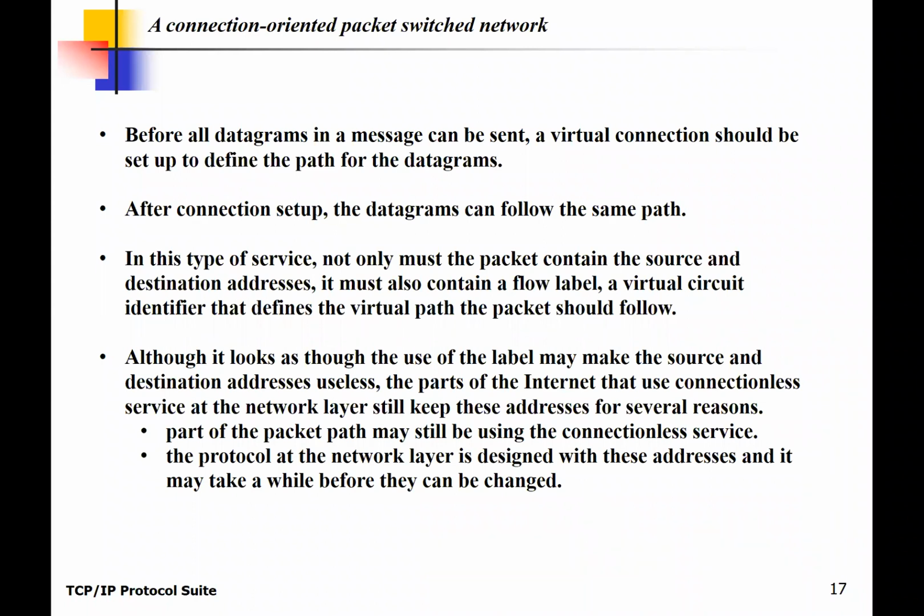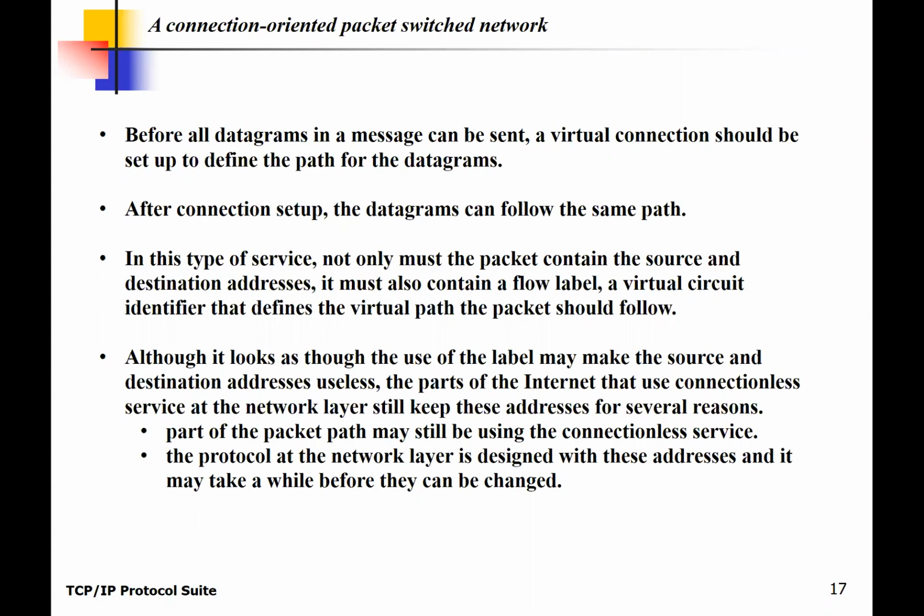Same thing for connection-oriented. I'm trying to send something from A to B. First of all, I have to set up the connection. I have to go through the route and establish the connection. Then after that, the destination will reply back with a specific message, and I will show you that now. Then after that, you send the message.